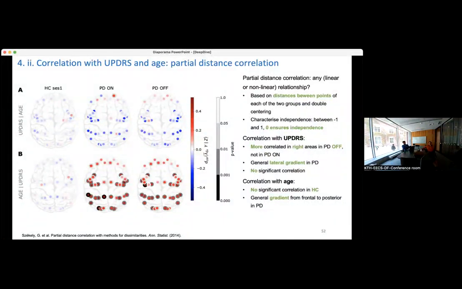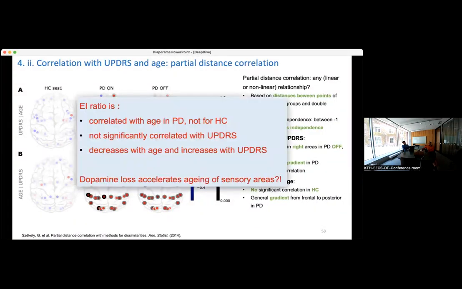So maybe Parkinson's is kind of accelerating aging, because we know that when we get older, the first things that are impaired are mainly the sensory areas. So this is maybe an assumption to study further.